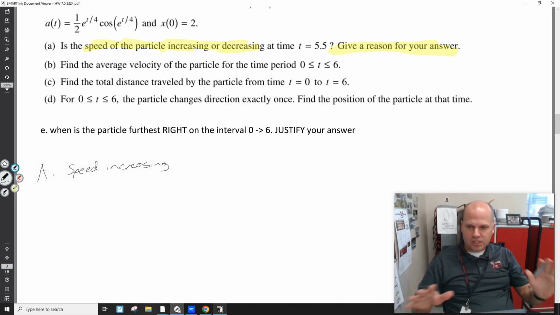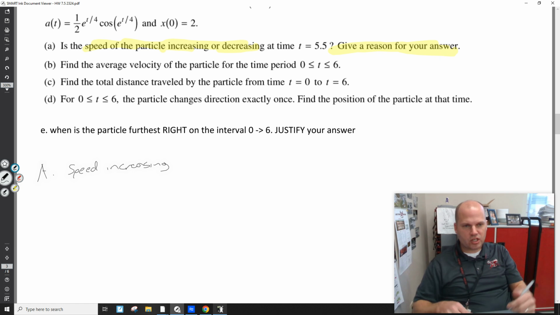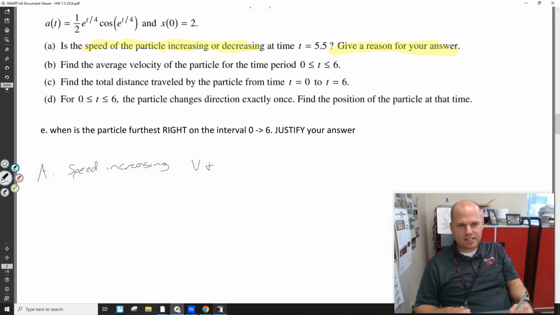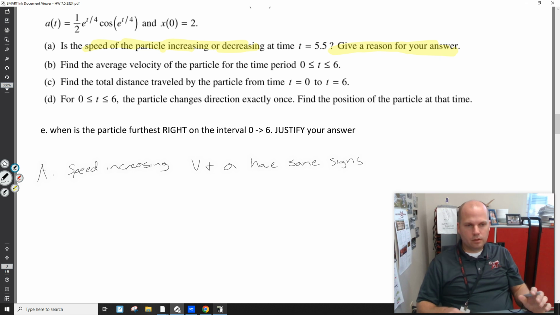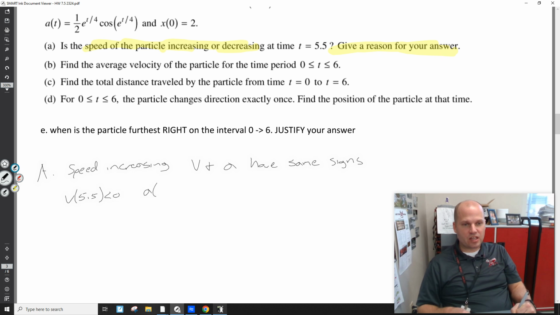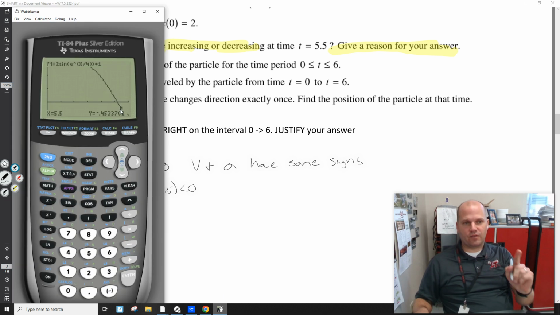The simplest answer and justification is that velocity and acceleration have the same signs. You're good. Now, probably they're looking for the fact that the velocity at 5.5 is negative and that the acceleration at 5.5 is negative. They don't ask you for those values, but what if you wanted to find them?